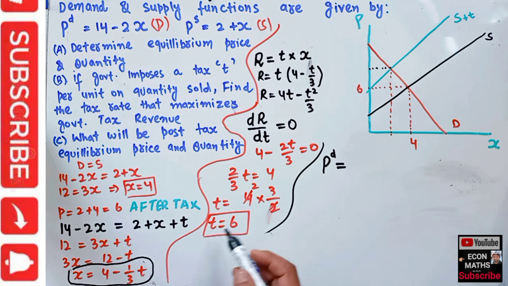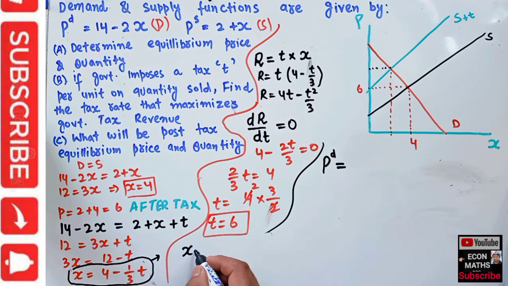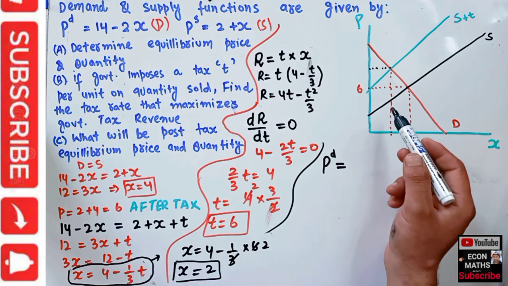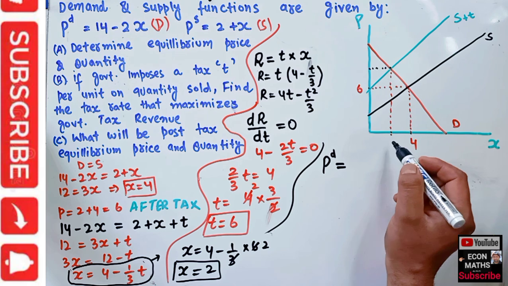If the tax rate is 6, the post tax quantity is this function. Plugging t equal to 6 into this function, x will be equal to 4 minus 1 upon 3 into t. T is 6, so 3 ones are 3, 3 twos are 6. So we have 4 minus 2, which is equal to 2. After the imposition of tax, the quantity demanded or supplied will be equal to 2.